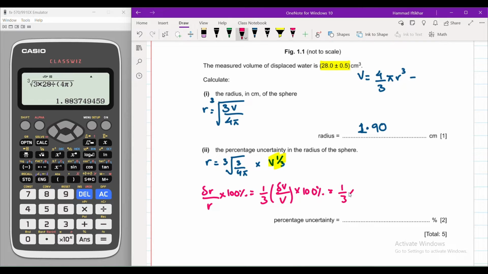So this is 1/3 of 0.5 over 28 times 100%. 0.5 times 100 is 50 divided by 3 times 28. This is 0.595. One significant figure is enough, 0.6%.